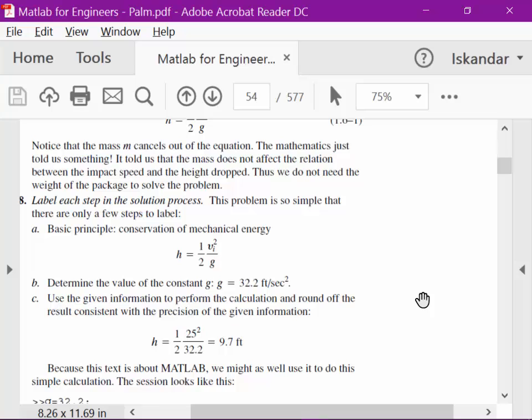Our problem definition told us that the final velocity, the protection level, is 25 feet per second. That's our final velocity. It'll still stay intact.